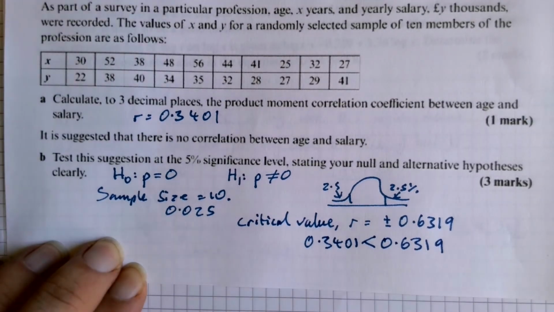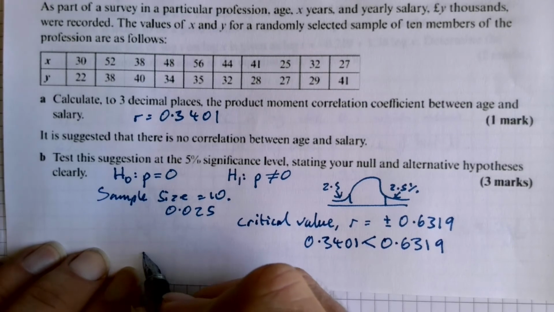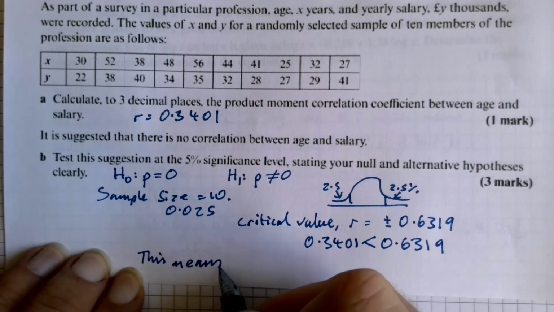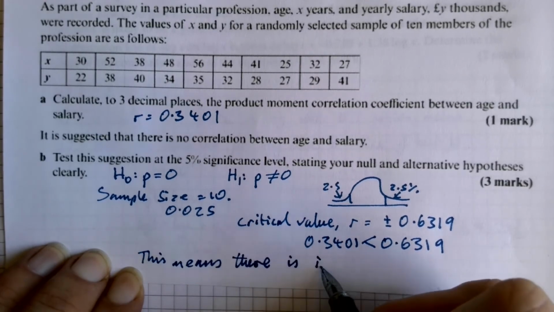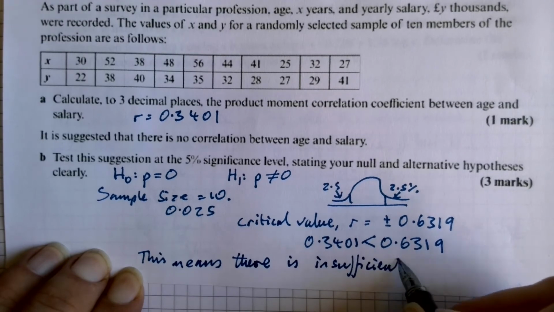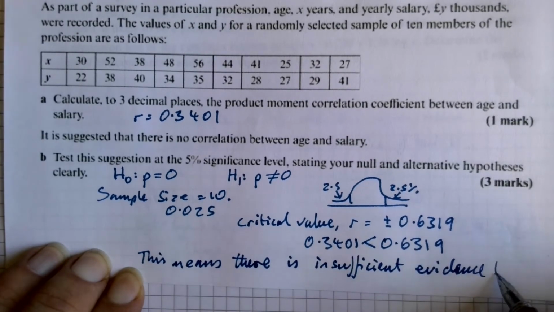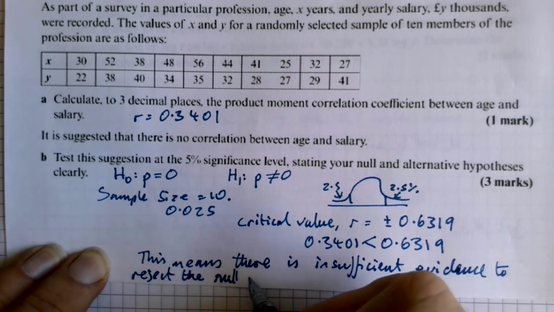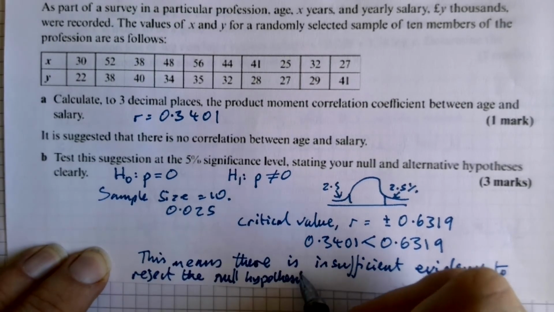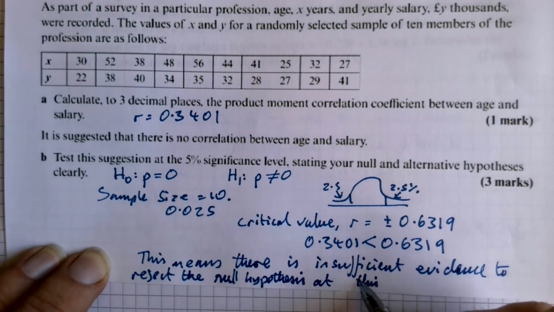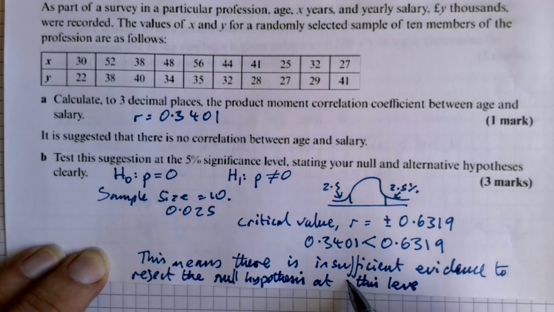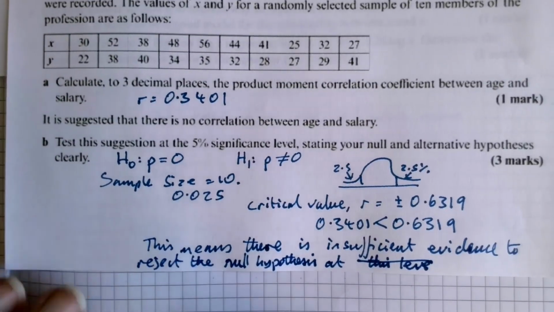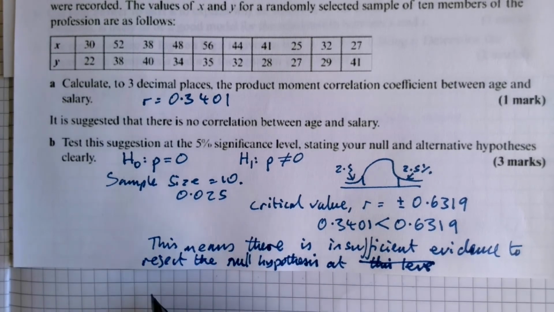So that's tested it, and now we can say this means there is insufficient evidence to reject the null hypothesis at a 5% significance level.